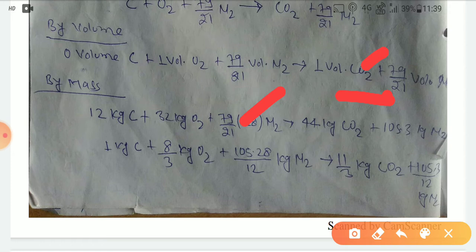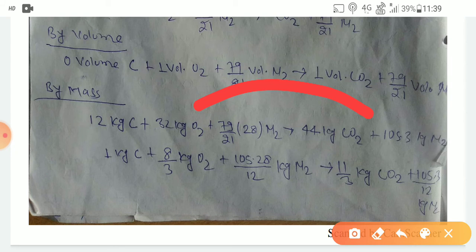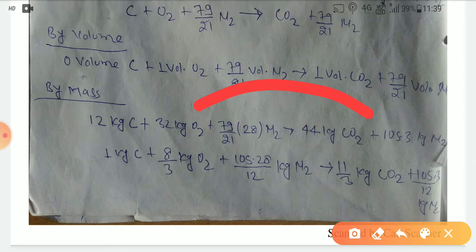Finally you can check whether both sides are balanced or not. Here there is a total of 44 kg of carbon plus oxygen, and here carbon dioxide is also 44 kg. Here the oxygen is the same on both sides, so that is also balanced. So our main equation is mass balanced, because mass is conserved on both sides.